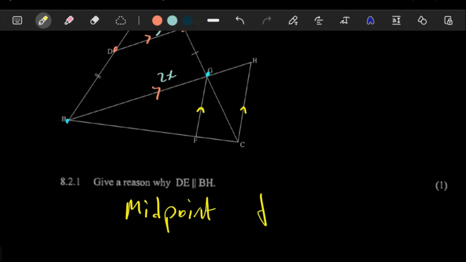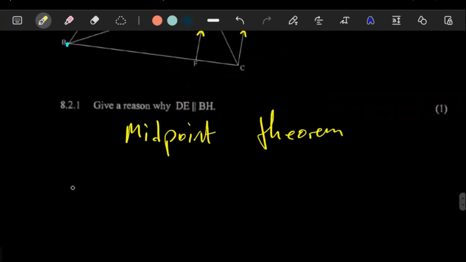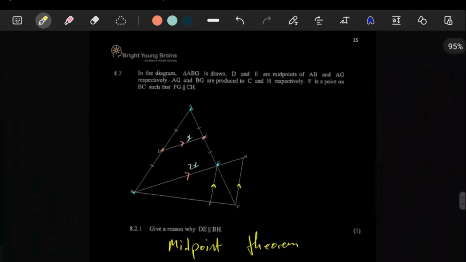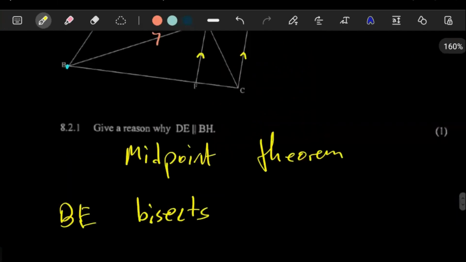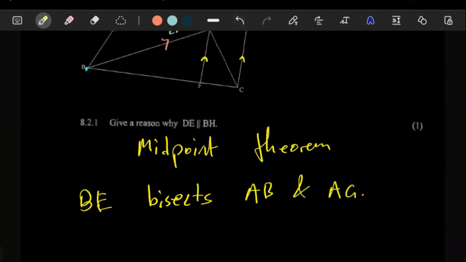And then you can say here BG and BE bisect AB and AG. There you go.